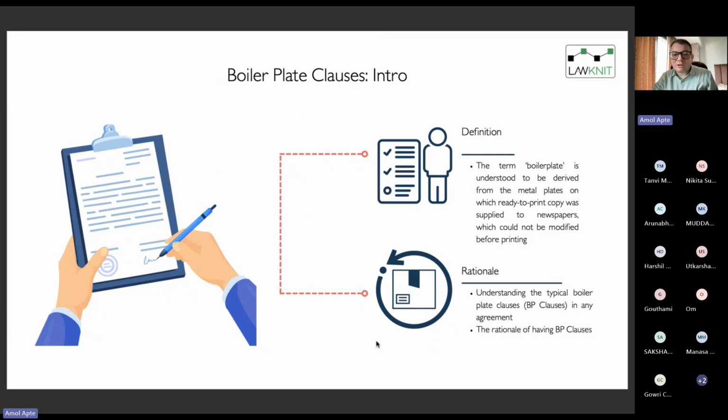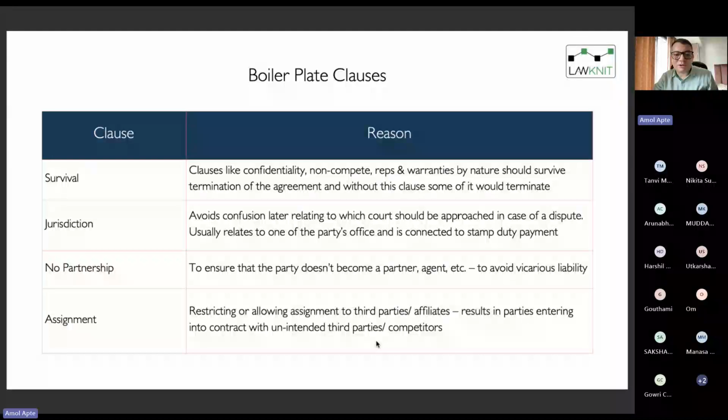Let's have a look at these clauses to understand it better. Say, for example, a survival clause. In every contract you'll find a clause which specifies the clauses which will survive even the termination of a contract. So clauses like confidentiality, non-compete, and breach of reps and warranties, you will say, will survive even the termination of the contract.